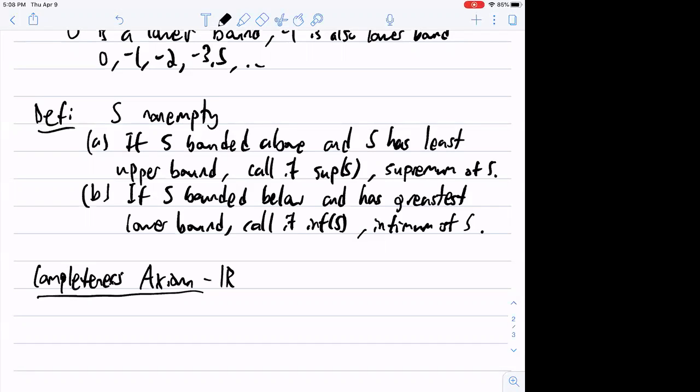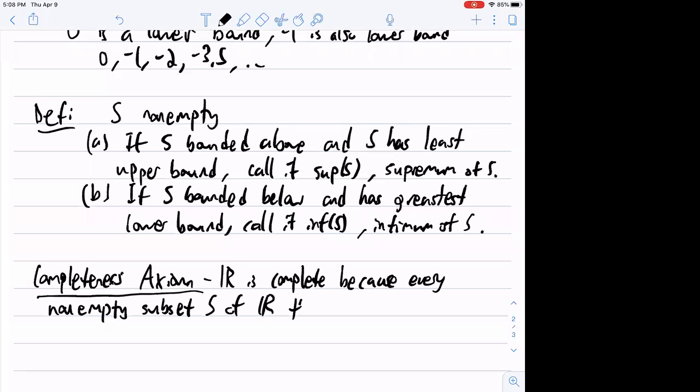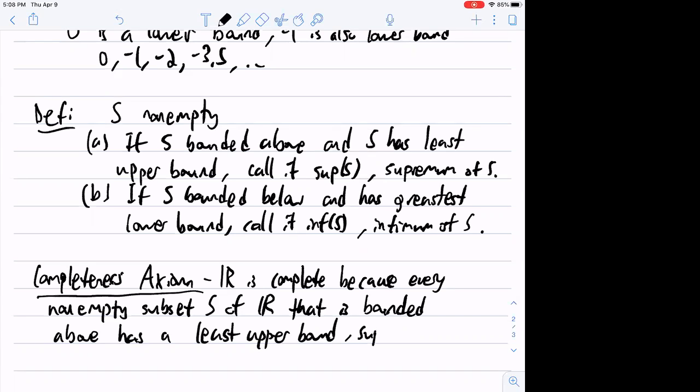So R is complete because every non-empty subset S of R that is bounded above, and similarly you could do bounded below, has a least upper bound, sup S, and it belongs to R.